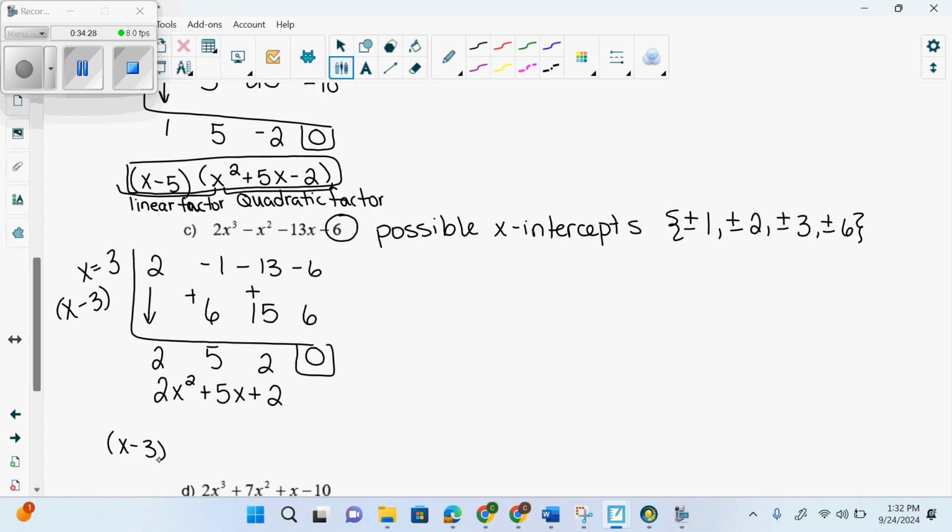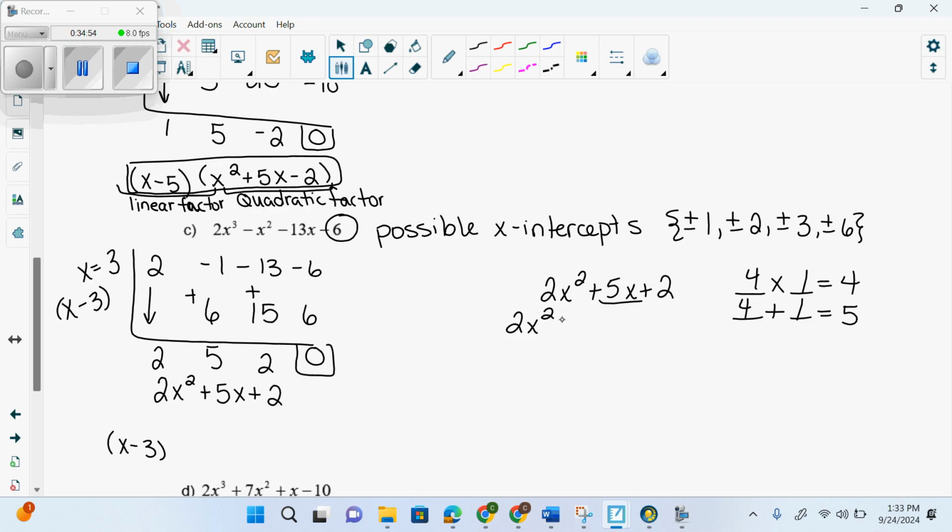Now I have to do decomposition on this 2x squared plus 5x plus 2. I say to myself, in grade 10, what times what equals 4, and what plus what equals 5? I would get 4 and 1. And I still get people on the test going x plus 4, x plus 1, which is not true. You need to do decomposition. So you need to replace this 5x.